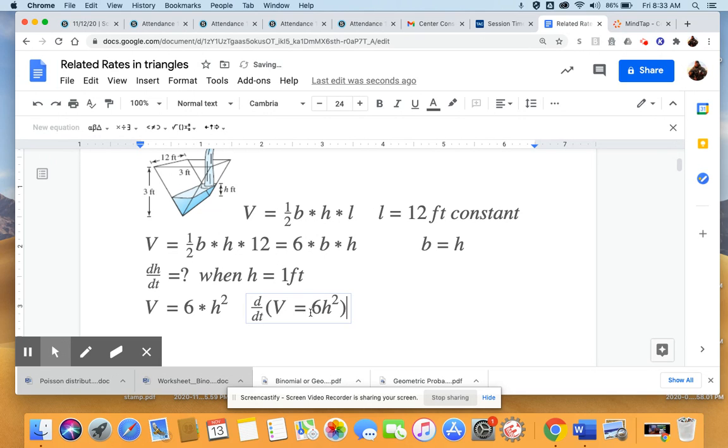We need to find the derivative of this equation, and we're taking a time derivative. Last week we talked about doing implicit derivatives of variables other than the independent variable in the problem. In this case, time is our controlling factor here. As time goes by, more water gets poured into this. So we're going to take a t derivative of this.